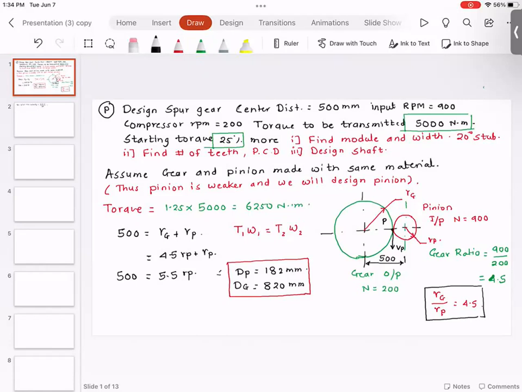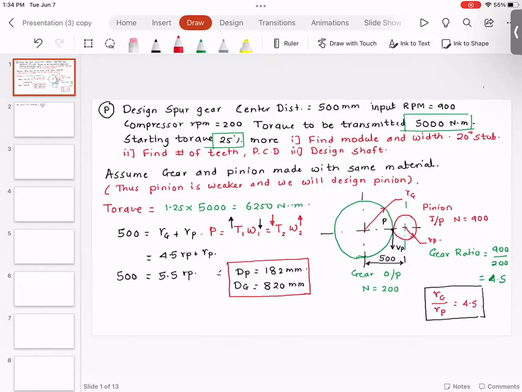If your T1 goes up, your omega 1 has to go down. If your T2 is going down, then your omega 2 has to go up. Because at the end of the day, this power equation is valid. You are not creating energy. It's all just part of energy conservation.